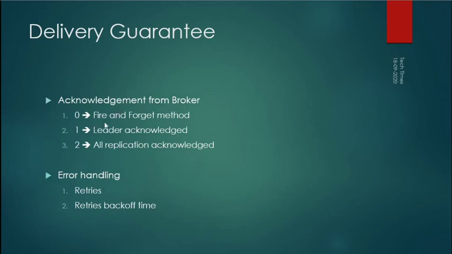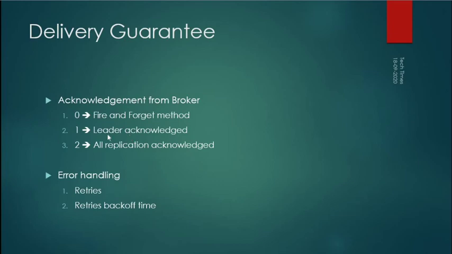Now the second one is the leader acknowledgement. You know that there are partitions, and one is the leader partition, and there are other replicas available for each partition. All records are published on the leader, and then the leader replicates those messages to the replicas, that is the follower partitions.